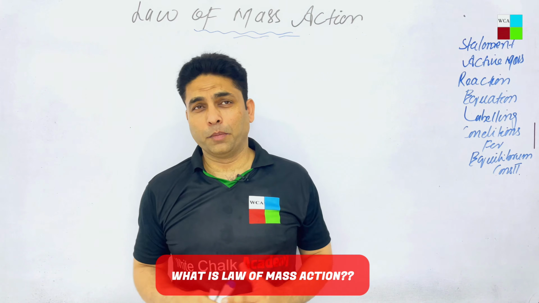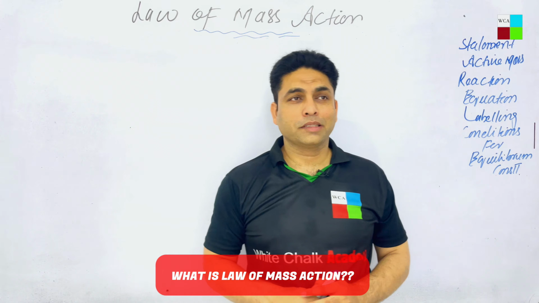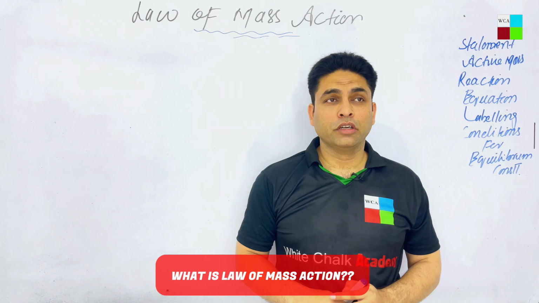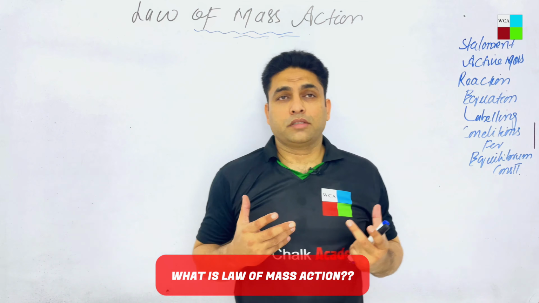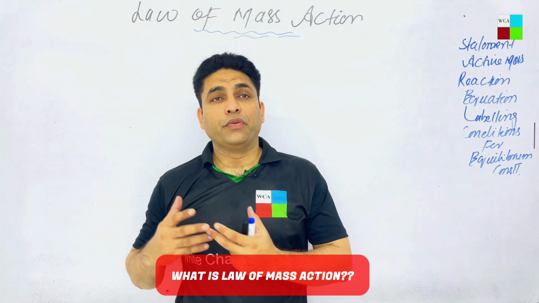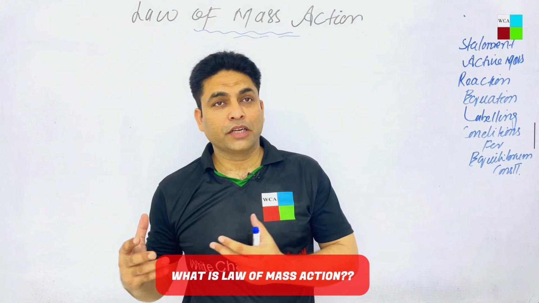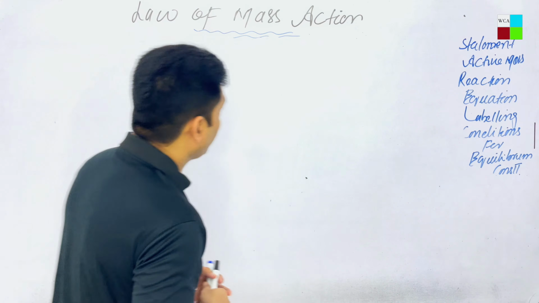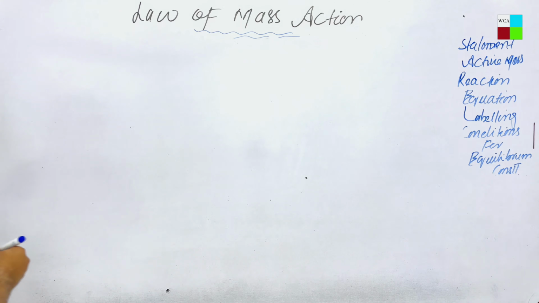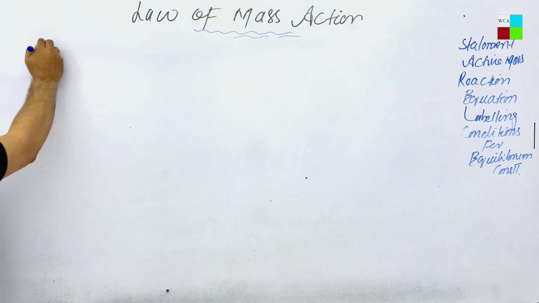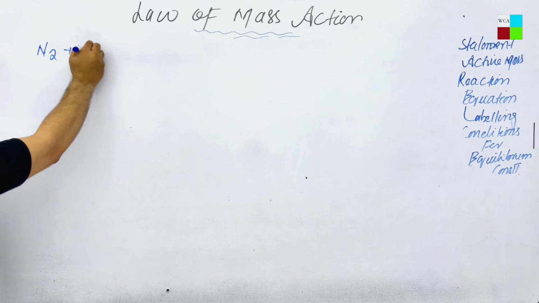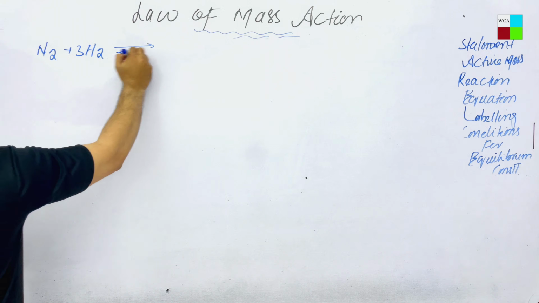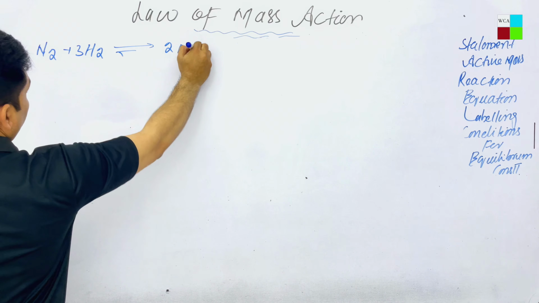What is the law of mass action? The law of mass action is a general relation between the concentration of reactants and products at equilibrium in a chemical reaction. For example, nitrogen reacts with hydrogen, and the product we get is ammonia.